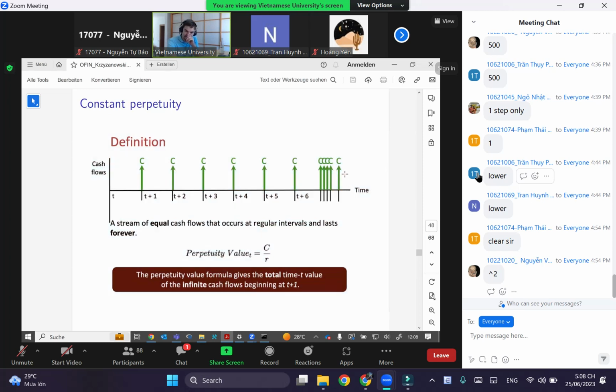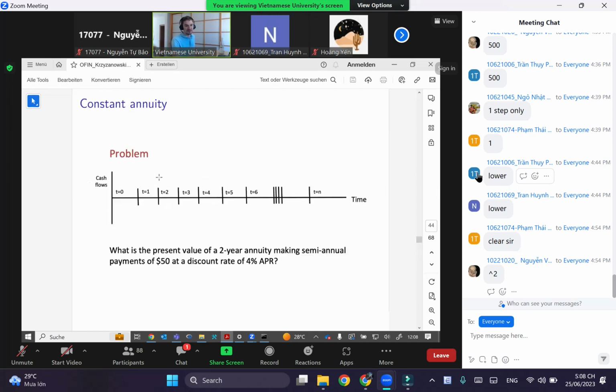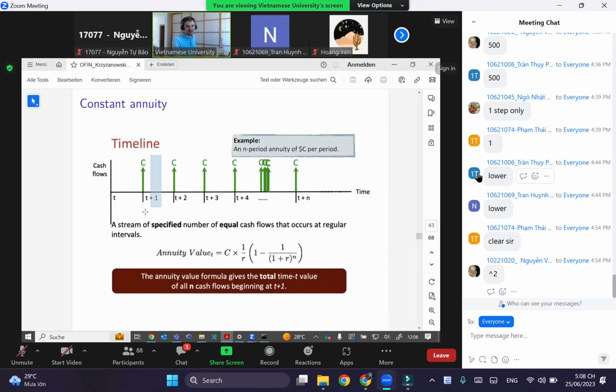Constant perpetuity. Well, I would like you to try to calculate this constant perpetuity with the way we started calculating time t values, right? Recall for the constant annuity, we said, okay, one way to do it is our standard way, to say C divided by 1 plus r plus C divided by 1 plus r to the power of 2 plus C divided by 1 plus r to the power of 3 plus C divided by 1 plus r to the power of 4 plus, and so on.